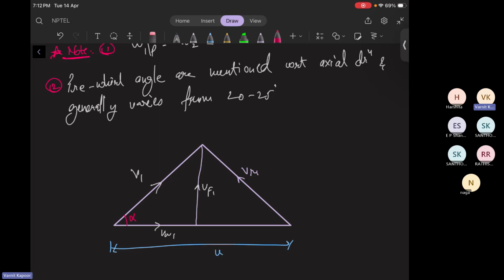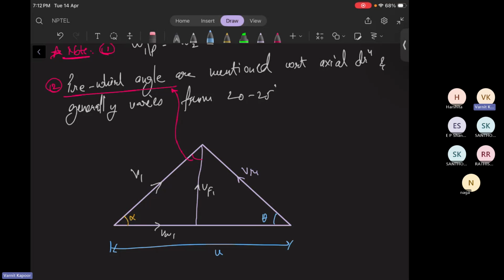The pre-whirl angle is nothing but this angle theta.